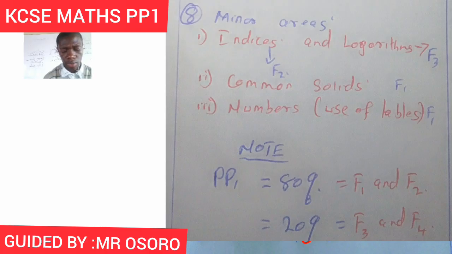So it means that a Form 2 student who is well prepared can score up to 80% of paper 1.